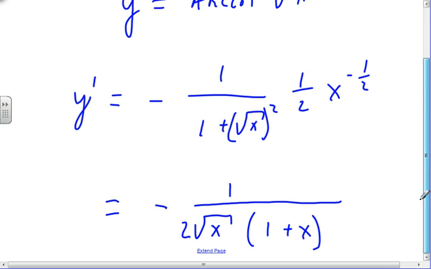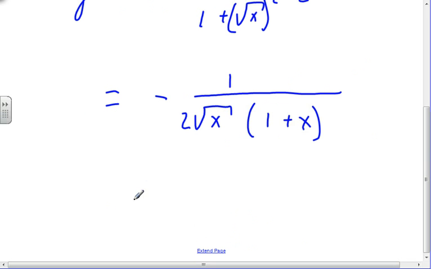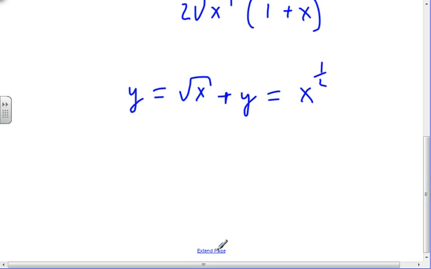Why are you multiplying it by 1/2? All right, so if y is equal to the square root of x, then y is equal to x to the 1/2. So formula number 3 in the differentiation formulas says that if I want the derivative of it, I put 1/2 out in front, and then I go x to the 1/2 minus 1.